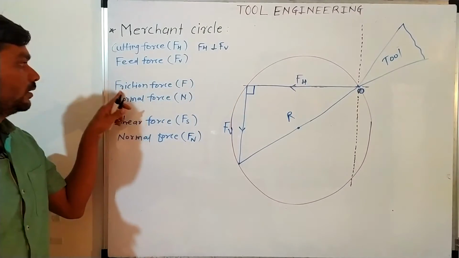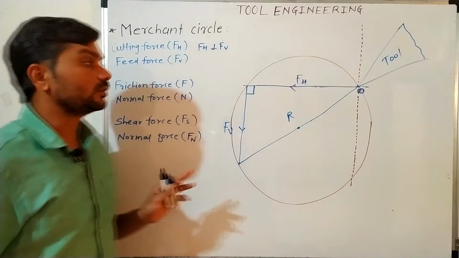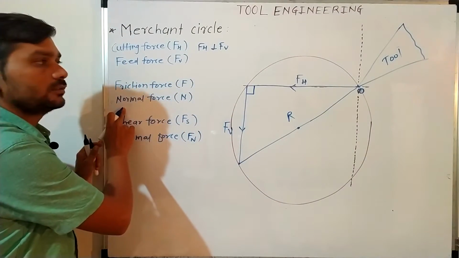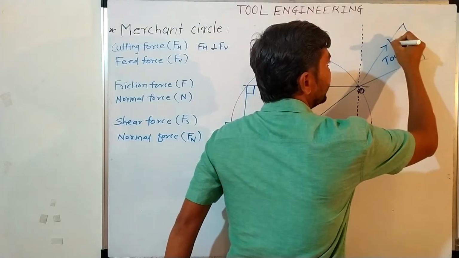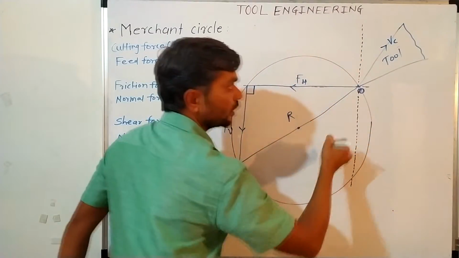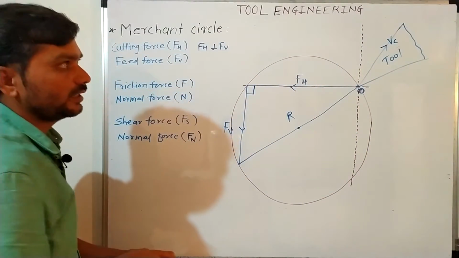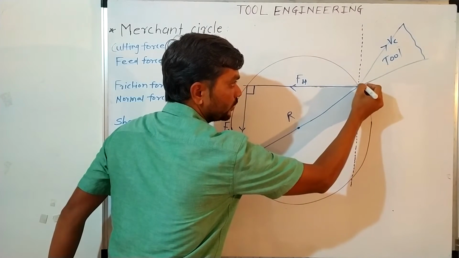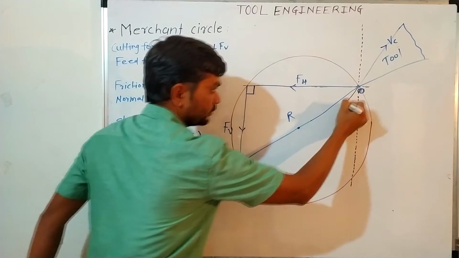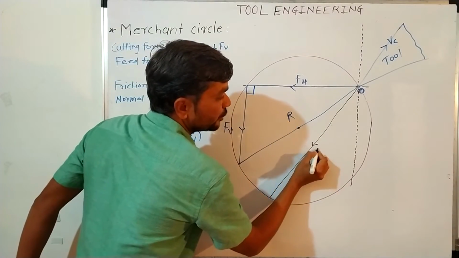Okay, then we will draw the second set of force over this Merchant circle. This is our friction force, and this is the normal force. We know that the friction force is acting exactly opposite to the cutting velocity. So this is our cutting velocity, and we have to draw the friction force exactly opposite to it. This is our friction force.